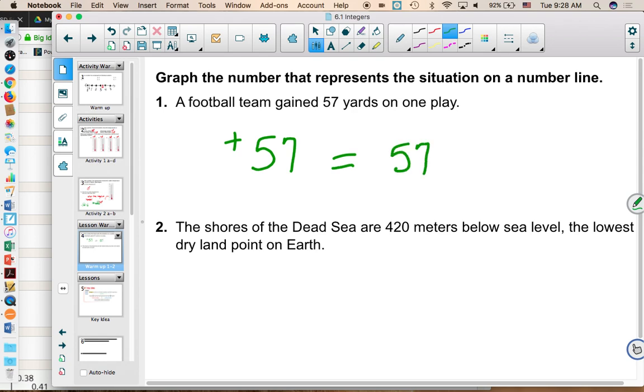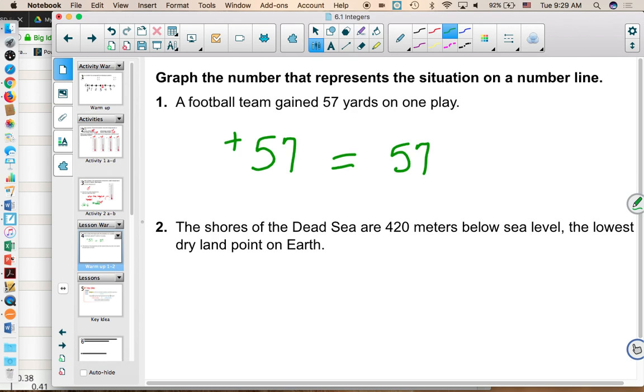Okay? The shores of the Dead Sea are 420 meters below sea level, the lowest dry land point on Earth. How do I write 420 meters below sea level? How am I going to write that, Monique? Oh, we'll take care of a number line in a minute.